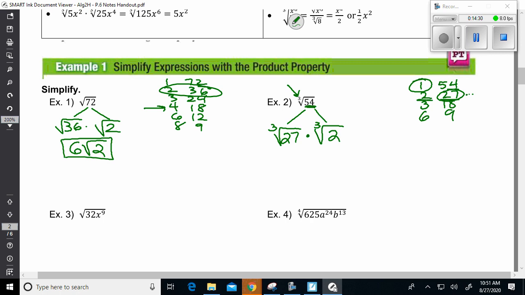Now when we simplify it, the cube root of 27 is 3. The cube root of 2 doesn't simplify anymore. So that's finished. There's nothing else you can do with that problem.